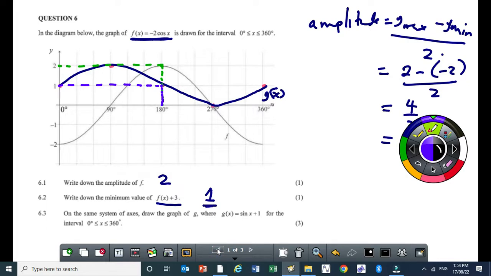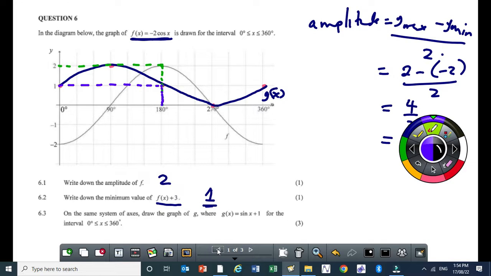If you look at this graph, between 0 and 90 degrees, the y values for the cos graph, which is f, are negative, but the y values for the sine graph are positive. Now, we don't want that interval, because if you multiply a negative and a positive, you get a negative. You want a positive answer.